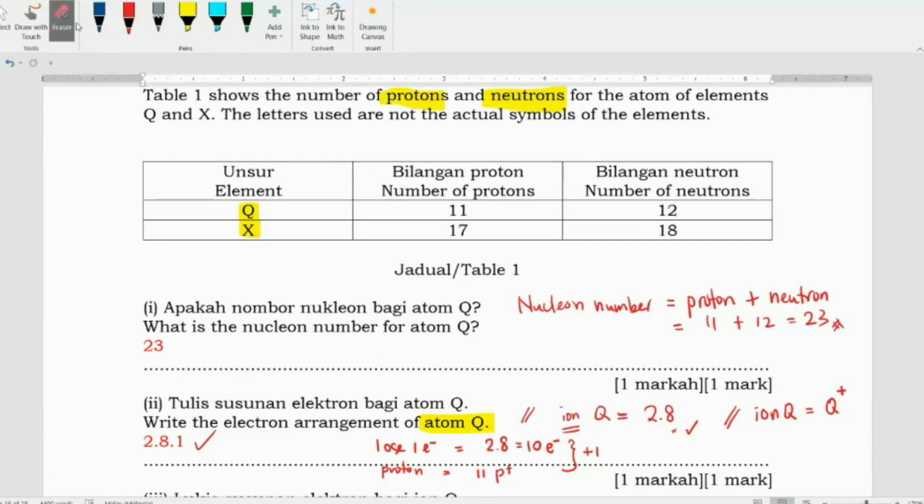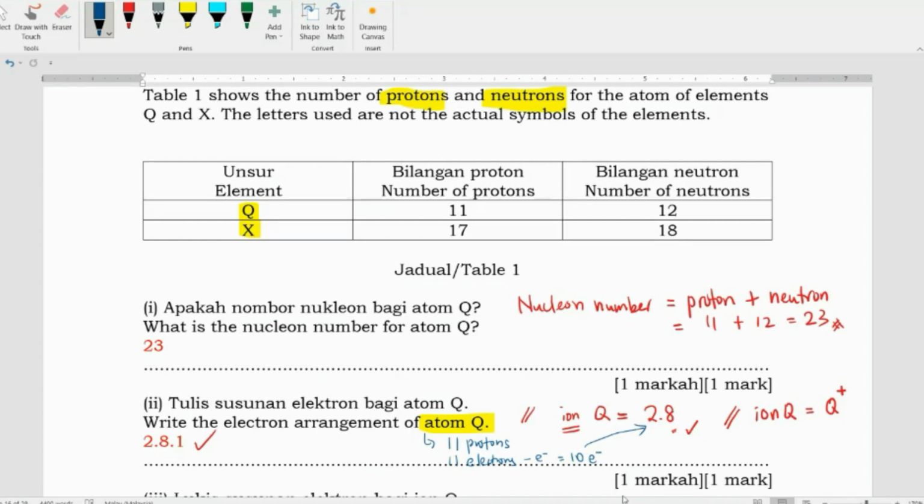I repeat one more time. Initially, atom Q has 11 protons, 11 electrons, so there is no charge. But during the formation of the ions, it loses 1 electron, so becomes 10 electrons. That's why the electron arrangement is 2.8.